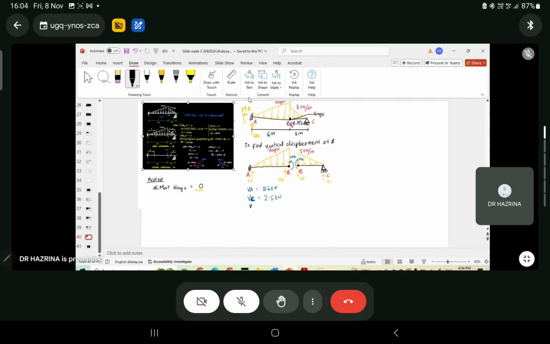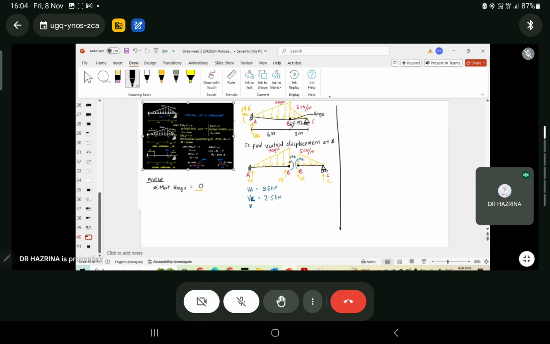Okay, cara yang seterusnya, apa yang you boleh kira adalah, you calculate hanya melalui ini. Maksudnya, bila you dapat hinge, you separatekan dia kepada dua bahagian. Maksudnya you ada VA, you ada VB, you ada MB, you ada VB, you ada VC. So dalam kes ni you boleh kira satu persatu.